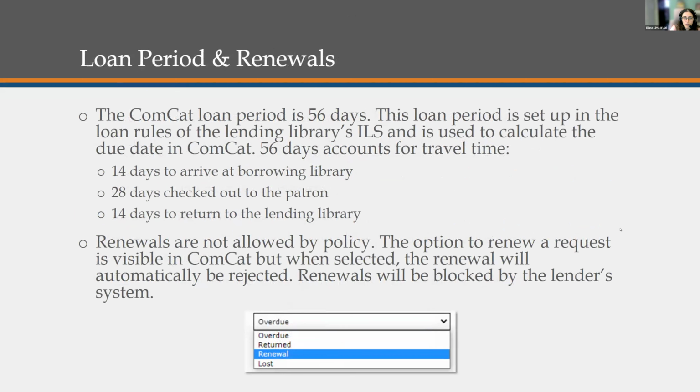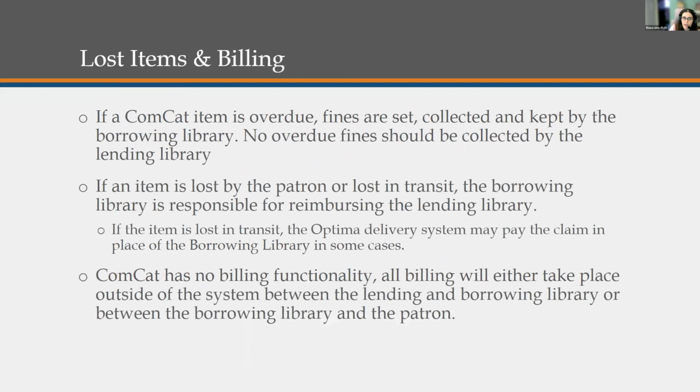The loan period for libraries is going to be 56 days, and then for your patrons, it's going to be 28. We already went over that. Yeah, so this is the lost item policy. It's kind of a standard policy that most ILL situations use.